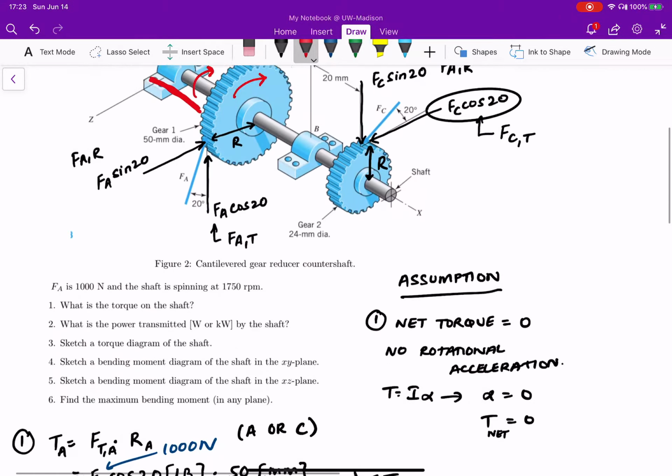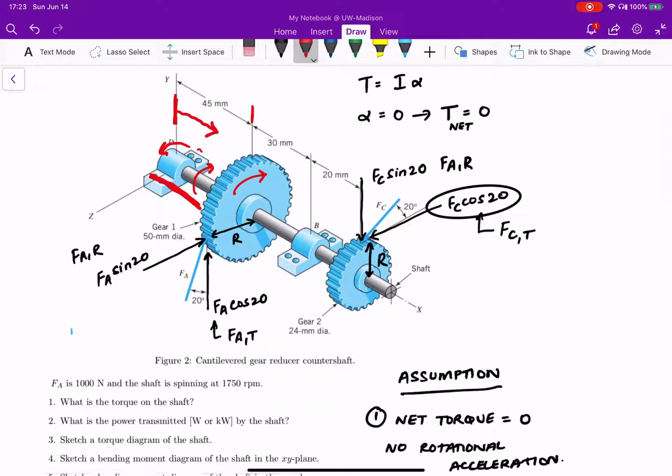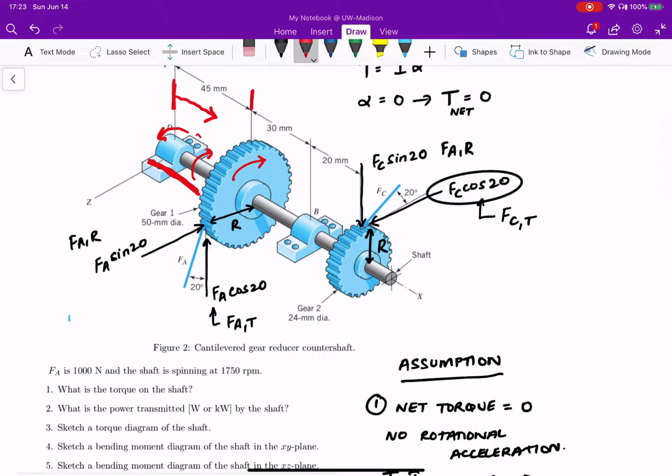Then, the moment I reach the gear, there is some torque being induced, because both gears spin in opposite directions. This one spins this way, that one spins that way, so in the beam between these two, I think from 75 to 95 millimeters, the shaft is actually being twisted to some extent.